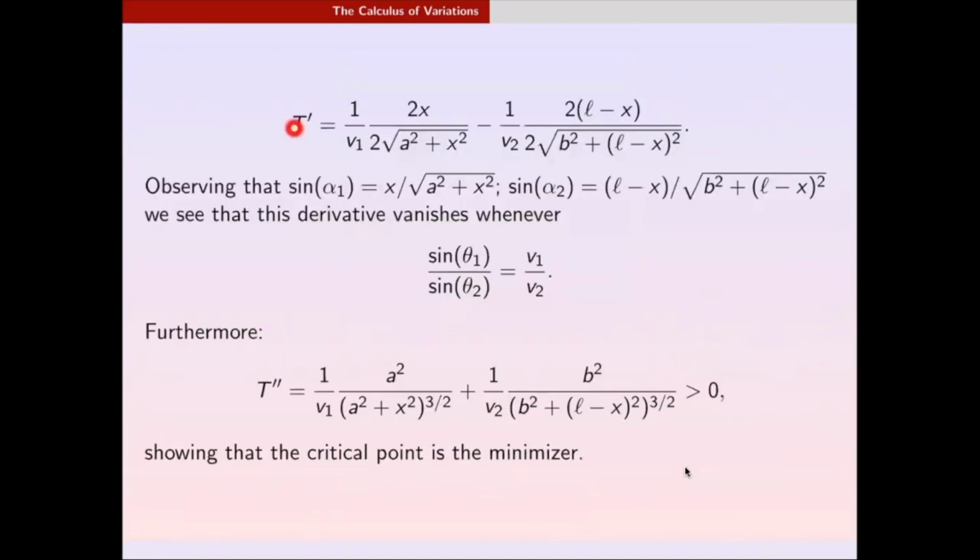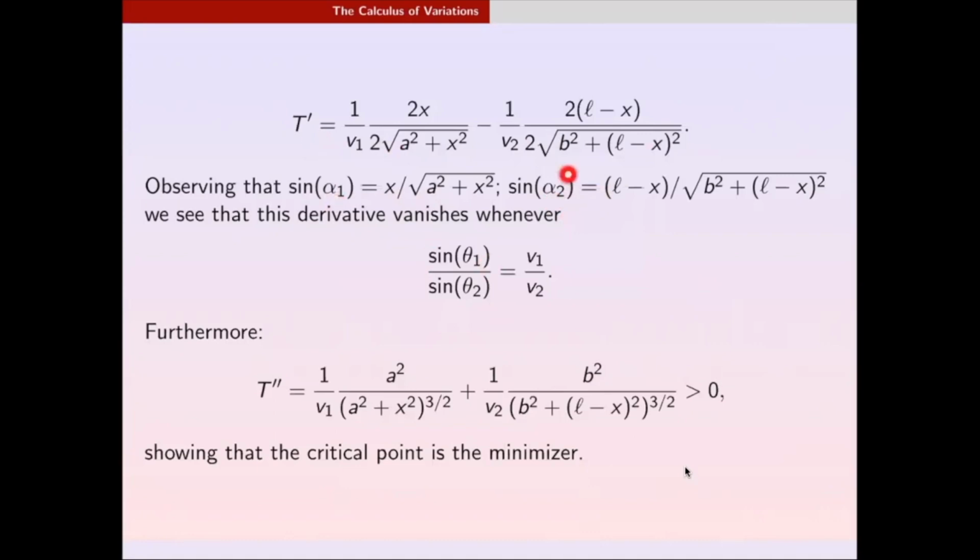So you say, okay, I can compute the derivative of this function. And when I make this equal to 0, I see that the angle of incidence and the outgoing angle are related by, you know, Snell's law.